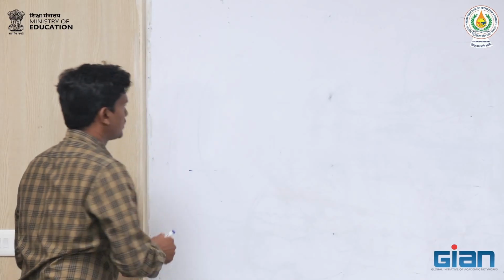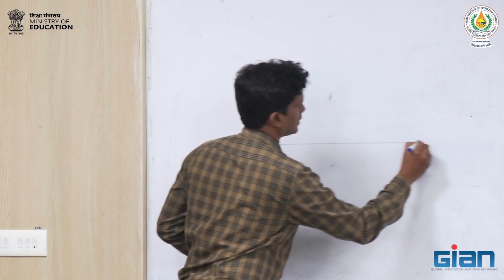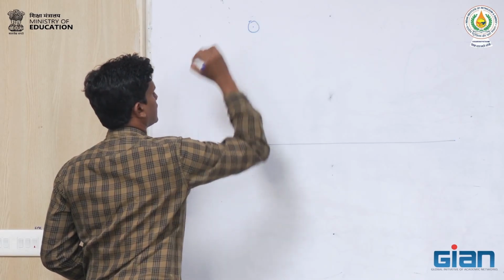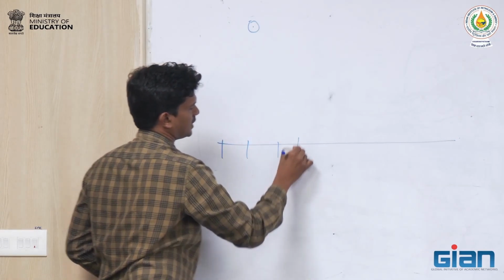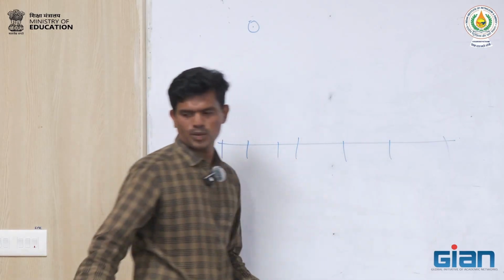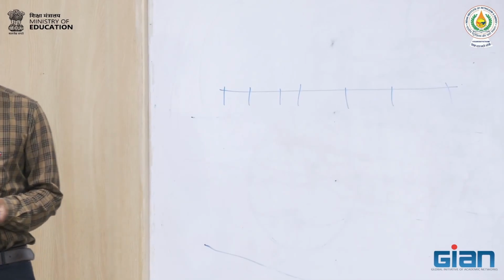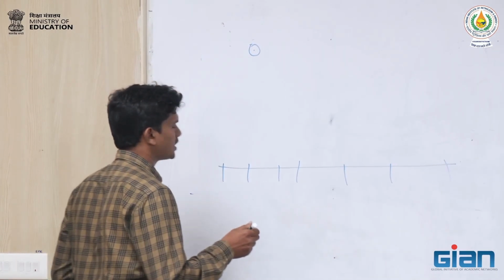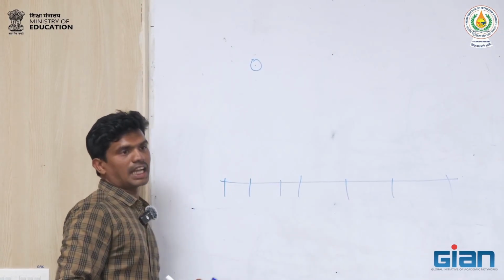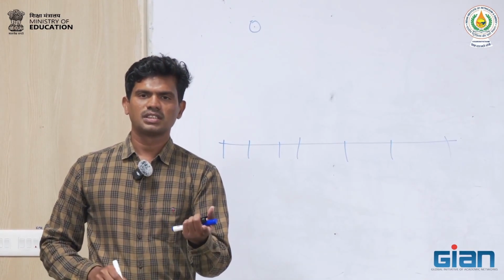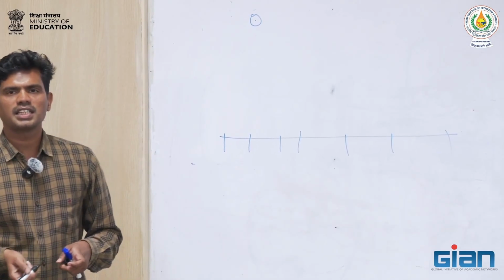Okay, so now you have a surface something like this. A gas molecule is coming from the gas phase and trying to adsorb on one of the sites here, right? So what is the rate of striking when a gas molecule comes from the gas phase and strikes a surface? What is the rate of striking based on the kinetic theory of gases?